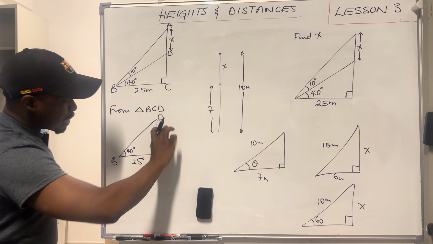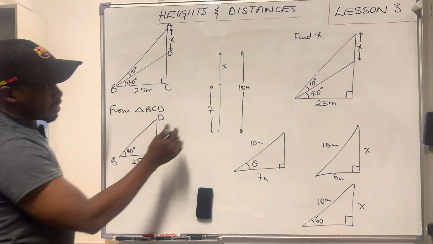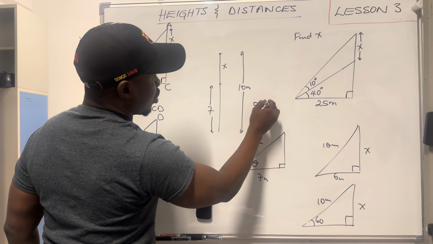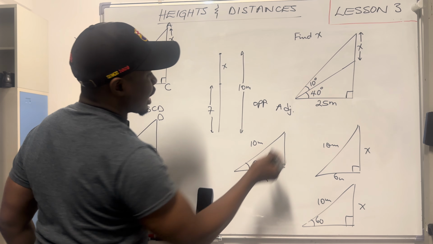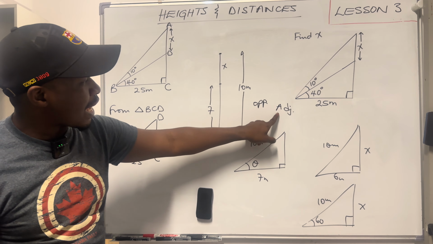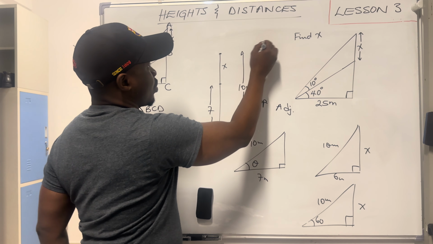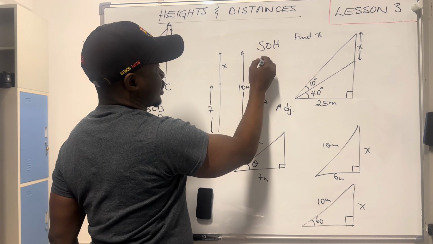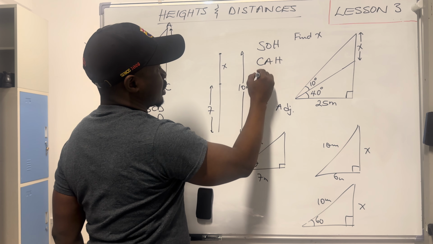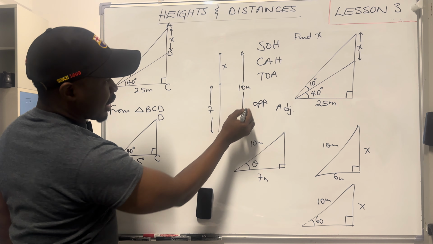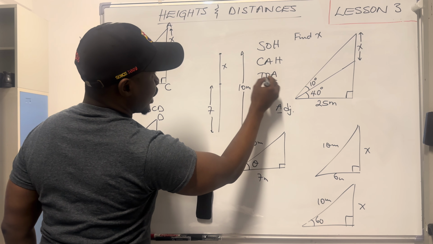So opposite and adjacent. It is OA. We have SOH, CAH, TOA. Which one ends with OA? It is tan.